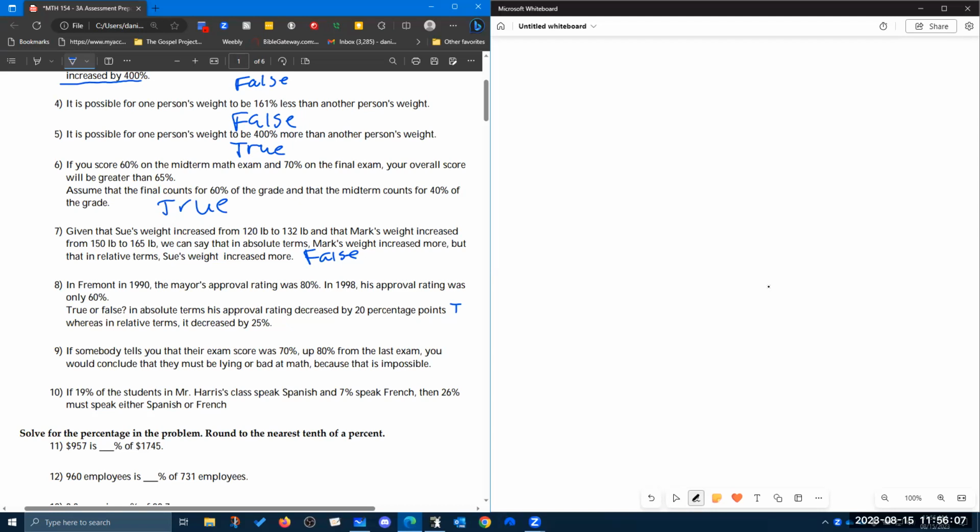So let's see. We started off at 80%, and then we're down to 60%, divided by the original 80%.